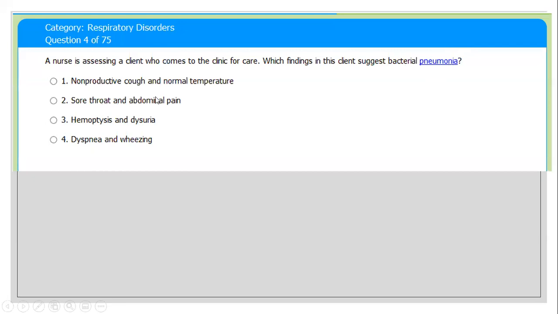So your patient is diagnosed with pneumonia and the underlying cause is bacteria.